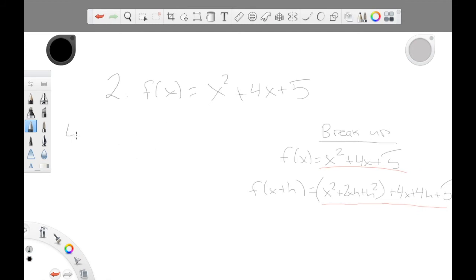Then we plug into our limit notation and get x squared plus 2xh plus h squared plus 4x plus 4h plus 5, and that is all minus x squared plus 4x plus 5, all over h.